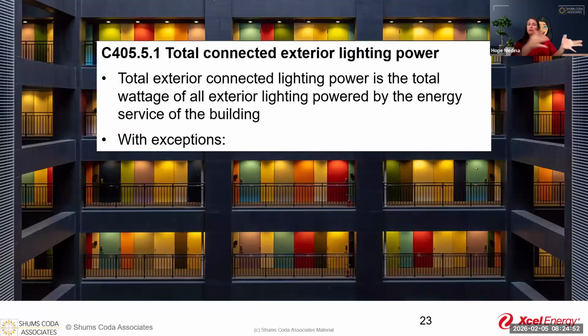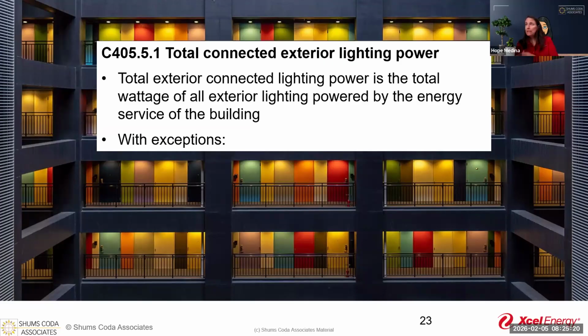Now, that was all of the interior items that I want to see on the plans. Now we have to talk about our exterior lighting. So our exterior lighting, when we are discussing this, is really thinking about the same type of concept in the sense that we are going to limit the amount of watts you can use in your design for your exterior lighting.